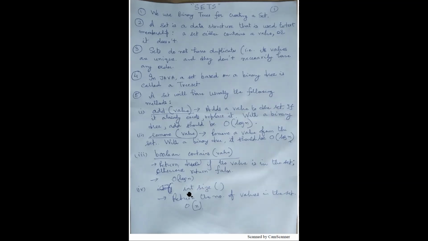The next operation can be int size, meaning what is the size of the set. The first three operations, since we are implementing it through a binary tree, take log n time because all three involve search operations. But for the last one, the size, you will have to know how many values are present.